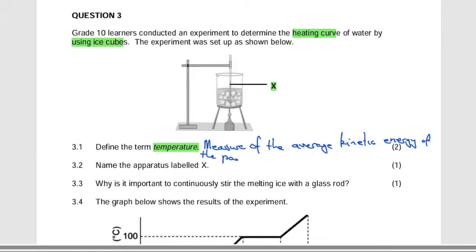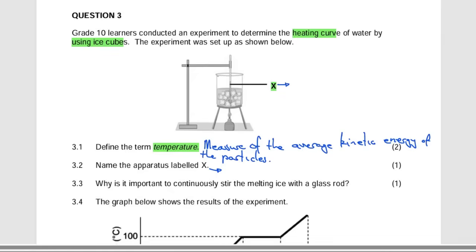If the particles have more energy, they're going to have more kinetic energy. So if you increase temperature, kinetic energy is going to increase.